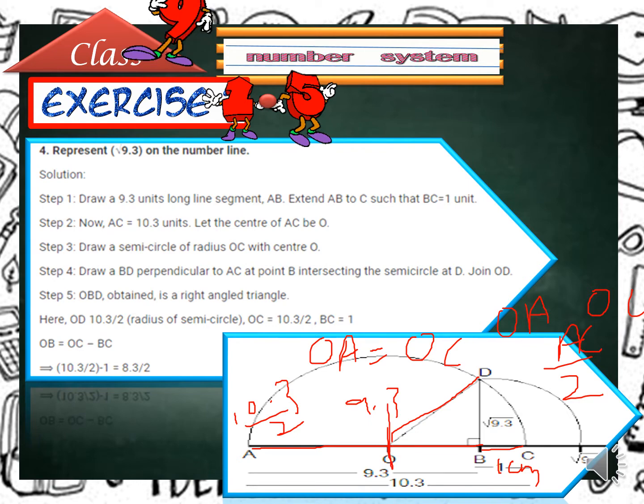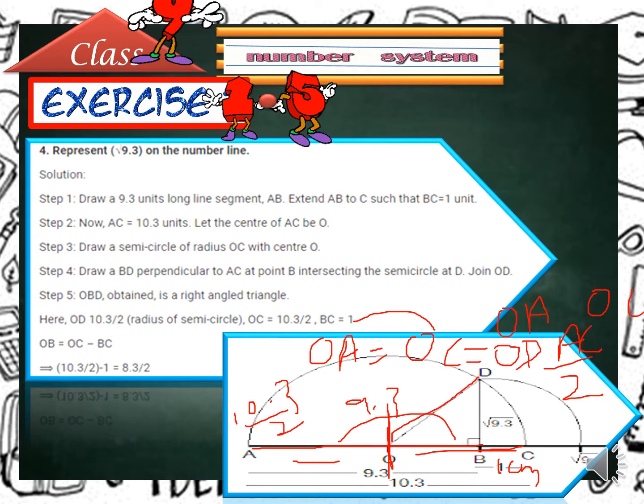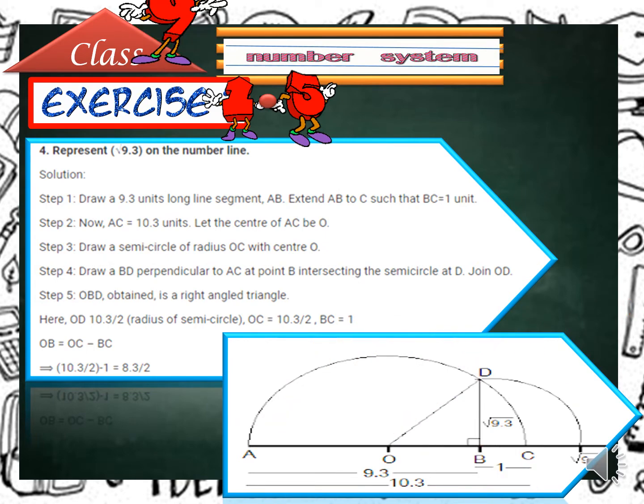This is OA and this is OC. When you add both, you will get AC. Here OA is equal to OC and OC is equal to OD. When you measure, these three will be the same. So OD is 10.3 by 2, OA is 10.3 by 2, OC is 10.3 by 2.